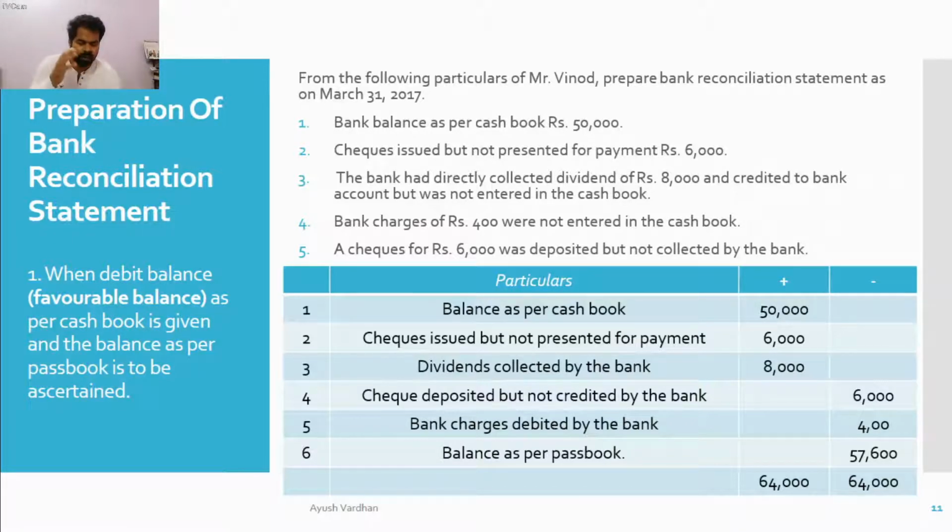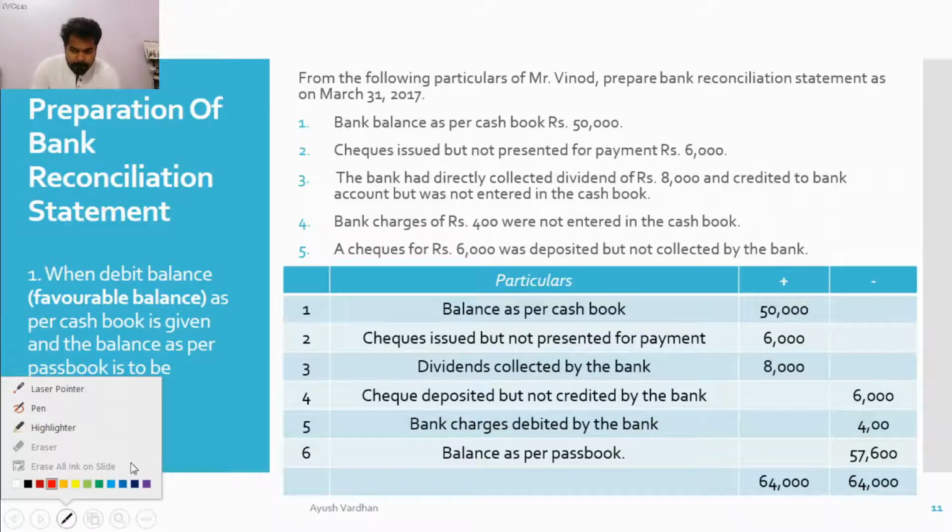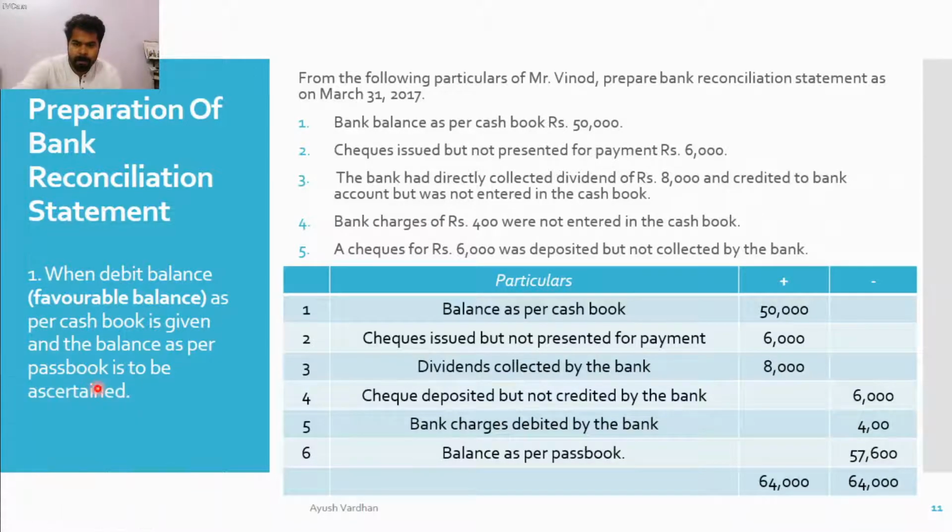If that would have been an overdraft, then that would have come to this section of negative. Okay. Now here the second entry is related to check issued but not presented for payment.